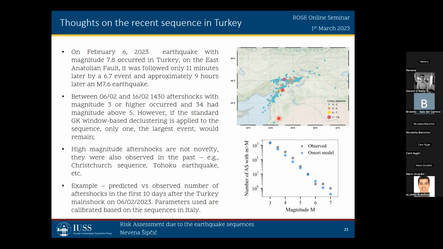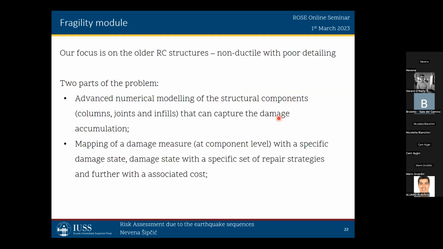So we can now move to the fragility module. The focus of my thesis is on older reinforced concrete frame structures with infills that have poor detailing. There are two parts in the fragility module that are important, in my opinion. One is the advanced numerical modeling of structural components.